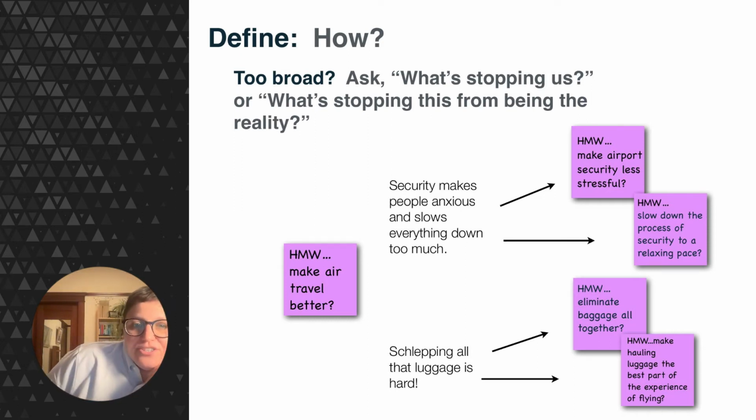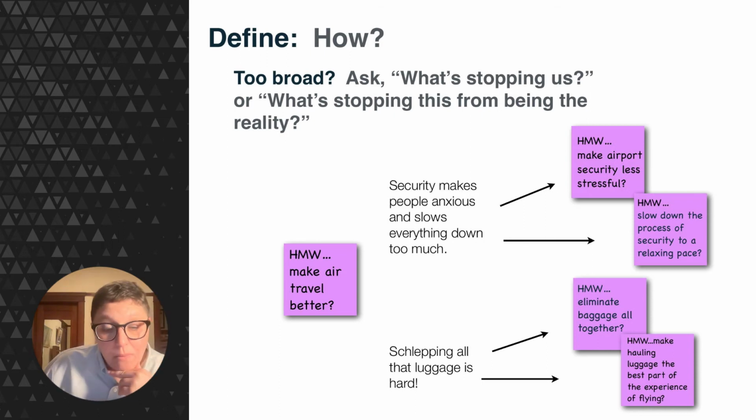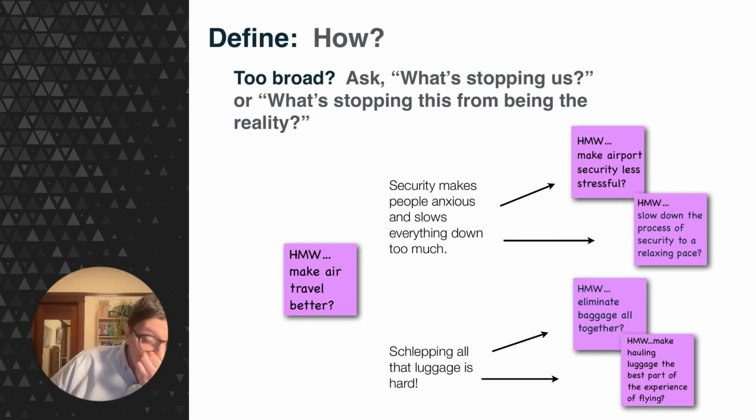So if your how might we question is too broad, you can ask yourself, what's stopping us from doing this? What's stopping this from being a reality? So what's stopping us from achieving world peace? That will help you get down a layer into a space that's a little more manageable. So in this case, how might we make air travel better? Well, I don't know, there are so many ways to do that.